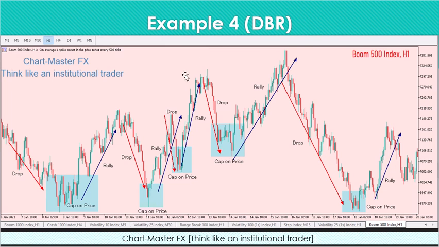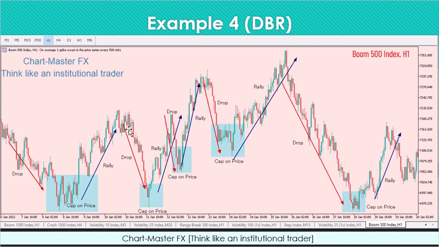On example number 4 here, on the Boom 500 index on H1, we can see that we had a drop in price, and you identify your lower low and your higher high here. Then you can draw your cap on price. Once you draw your cap on price, we know we have a drop, base, rally.